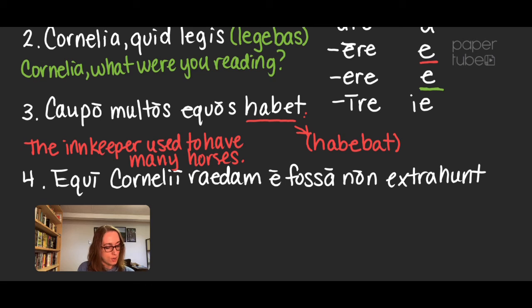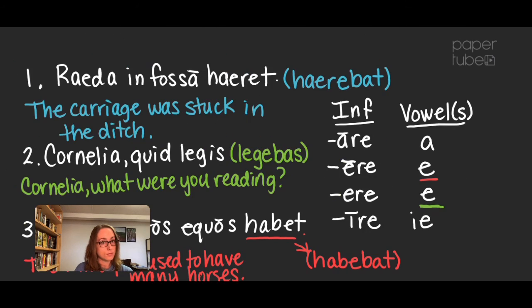So extrahunt, extraho, extrahere. You know, because it has a U before the NT, that it can't be second conjugation. Anyway, if you look up extraho, you'll find that it is third conjugation. Extraho, extrahere.